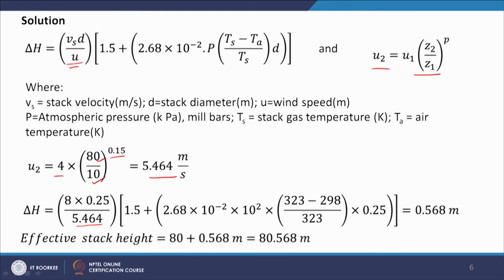V s is also given, that is 8 meter per second, and then this is the duct diameter, that is 0.25, and 1.5, this is the formula, 2.68 into 10 to the minus 2 into 10 square, because this P is atmospheric pressure, given in bar.